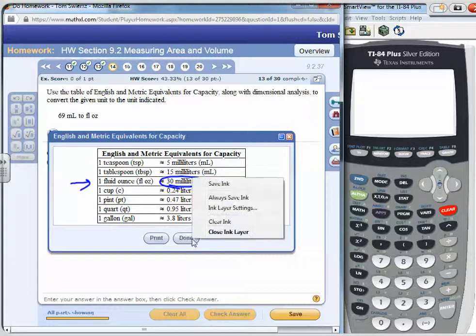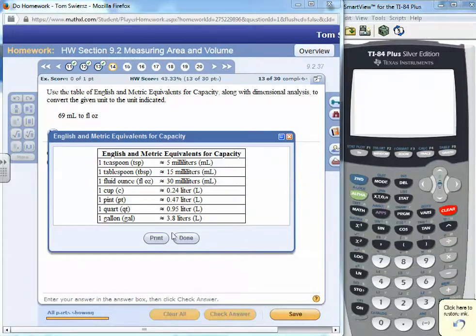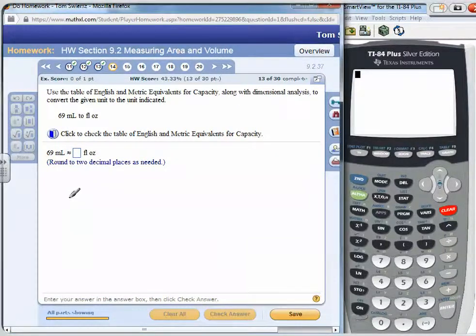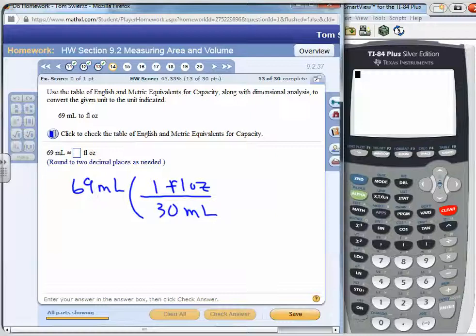So let's go ahead and set it up using dimensional analysis. So 69 ml. We want to convert to fluid ounces. What was the conversion? 1 fluid ounce is 30 milliliters, right?